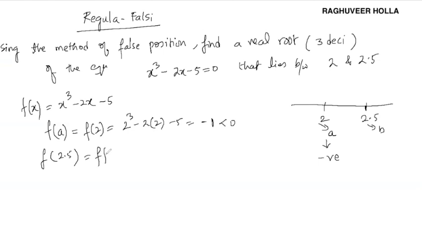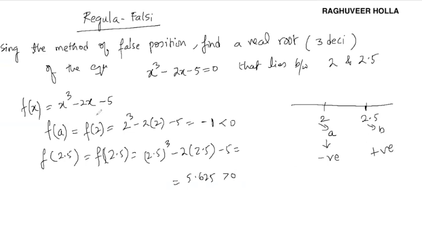And f of b, let us say 2.5. That is 2.5 whole cube minus 2 into 2.5 minus 5, which is 5.625, which is greater than 0. This is positive.